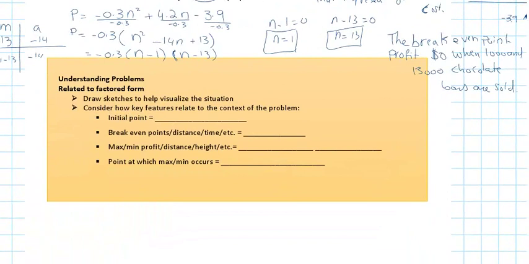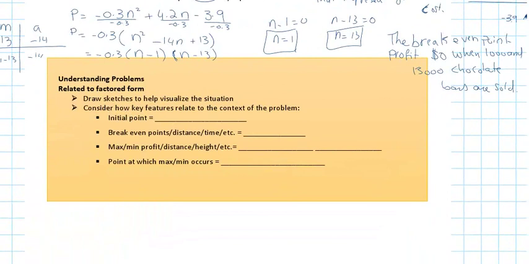When it's asking me for my initial point, what does that mean? So where am I starting though? At what? The x value would be 0. Okay? So always when it's asking you for initial, that means it's asking you for the y-intercept.